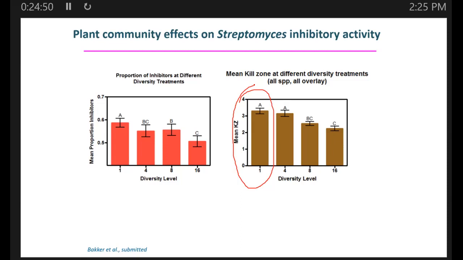But with a monoculture, it's pretty minimal choices for nutrients in the sense of what those microbes are going to eat and how they're going to compete with each other. And so here you can see that in a monoculture system, the streptomyces in that monoculture soil were more competitive.